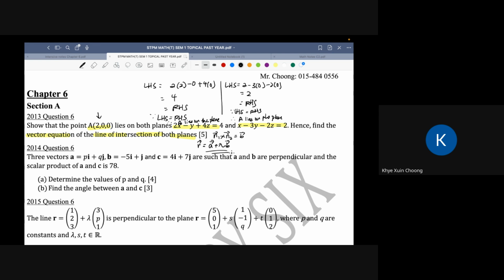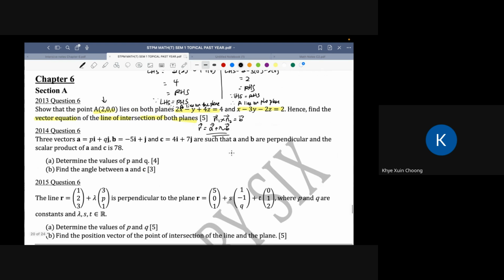Okay, so let's see the next question. Three vectors A, B, C are such that A and B are perpendicular and the scalar product of A and C is 78. Determine the values of P and Q. A and B are perpendicular.